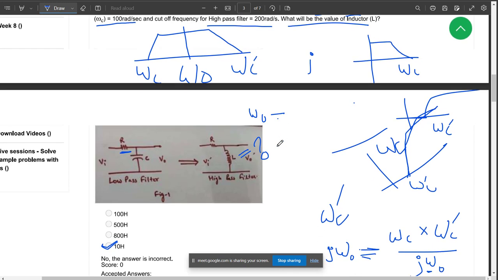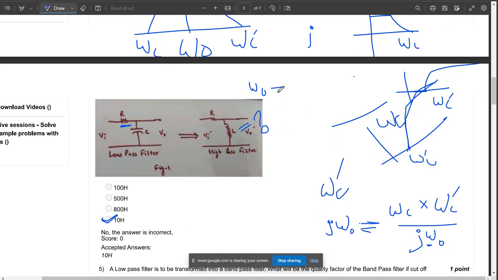So from here, this is the geometric mean, and this is how you can write it. Okay, from that we got this.